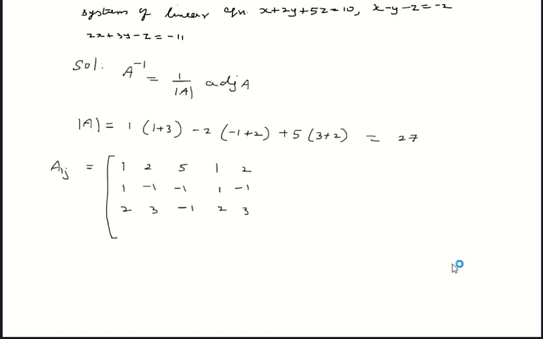Then again 1, 2, 5, 1, 2. Then 1, negative 1, negative 1, 1, negative 1. Right? Then just strike off the first row and first column. Eliminate the first row and the first column. You may not consider that.